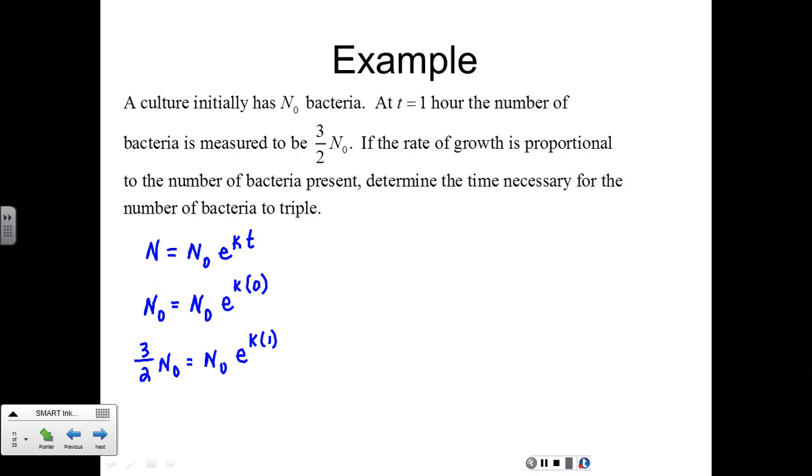Let's see, can I solve that equation for k right there? If I divide both sides by n sub 0, I get 3/2 equal to e to the k. How do you solve that equation?